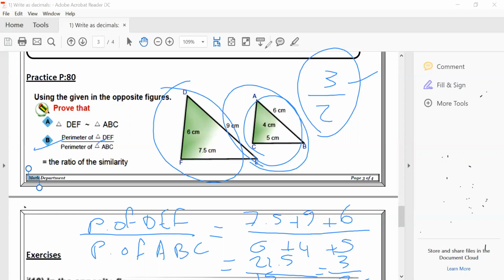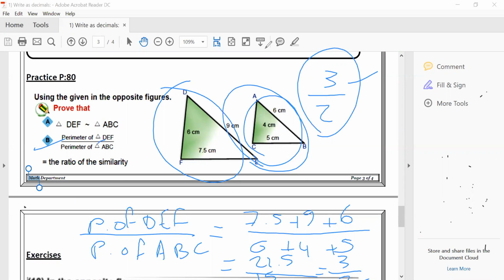It is a must. Sometimes in the complete and the choices, they give you one of the perimeters. They will say two triangles are similar and, for example, the perimeter of one of them is so much and give some sides, find the other perimeter. You can get it also by the proportion, the ratio of similarity.